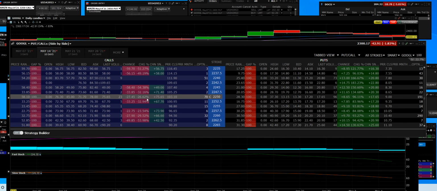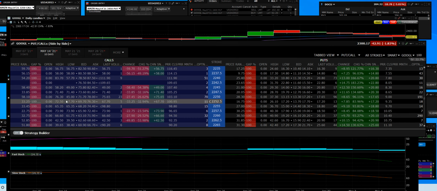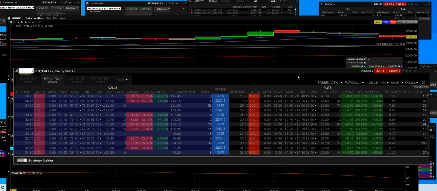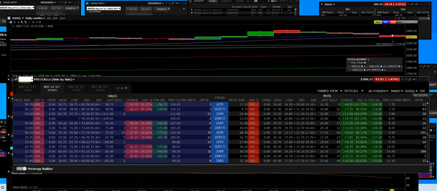By having those calls, in case there's upside volatility, as generally there always is, 2250 calls right here. And there was only 23 contracts that were bought at this strike price, and that was the low of the equity price that I showed you over here, today's intraday low in that test.